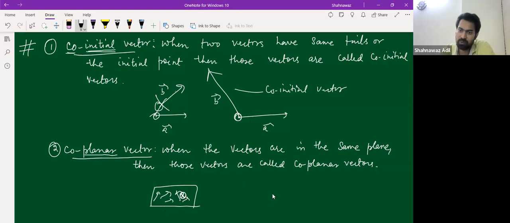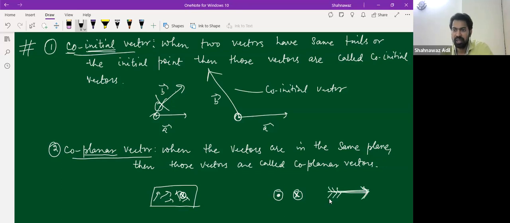You have two signs, this sign and this sign. If you are seeing an arrow, the arrow is this, and this is some arrow.